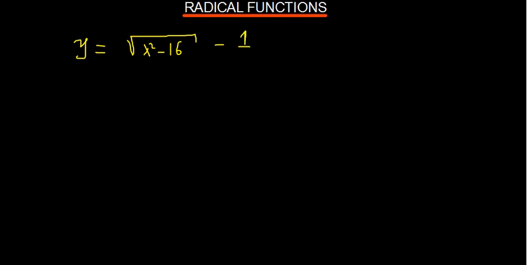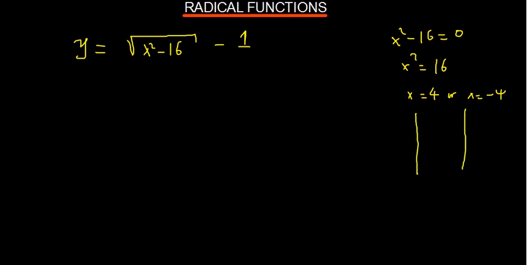Firstly, equate what is inside the root to 0. You are going to find that x squared minus 16 is equal to 0, so x squared is equal to positive 16. X is going to give you 4, or x is going to give you negative 4. And from here, you have got negative 4 and positive 4.